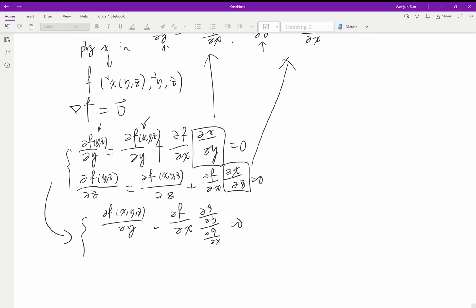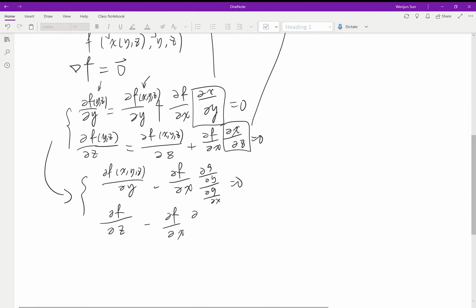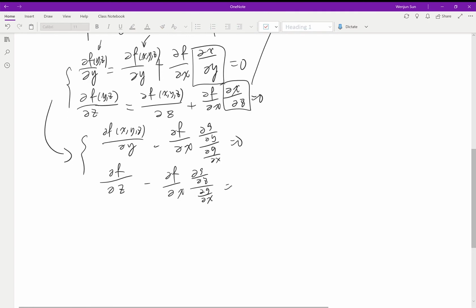This equals 0, and then the same for del f over del z. I'm just going to leave out the x, y, z thing, and then del f over del x times del x over del z is equal to minus del g over del z over del g over del x, right? Equals 0. Now this is our final condition.